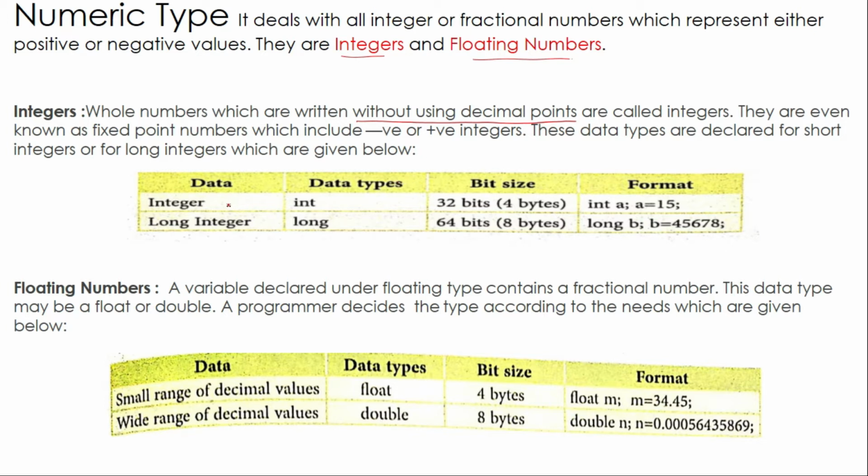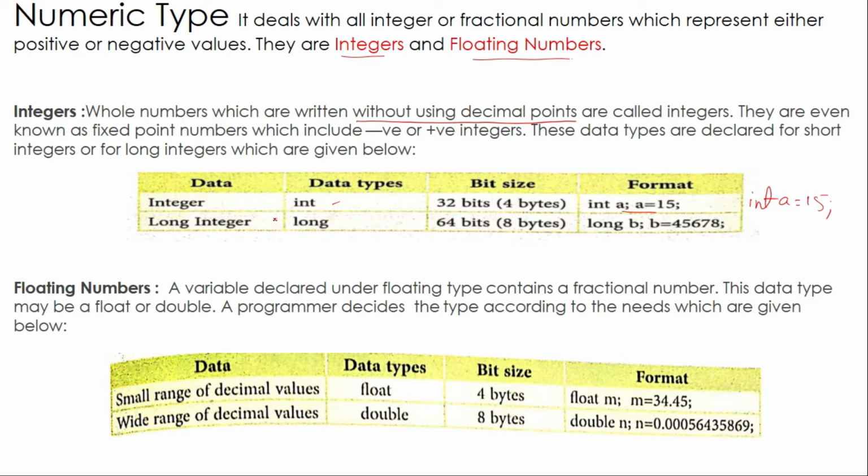Suppose we are storing integer data in a variable. So the data type we will use is int. It will occupy 4 bytes or 32 bits of memory, and the format is this one. You can simply write int a = 15 in one line.